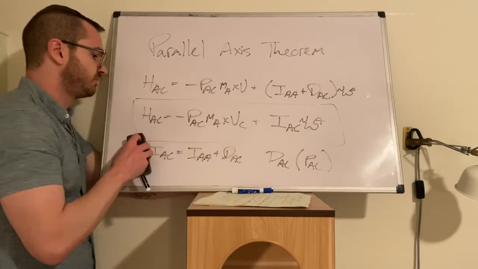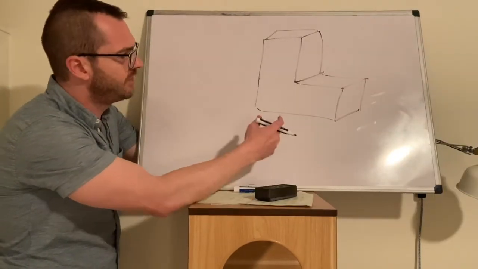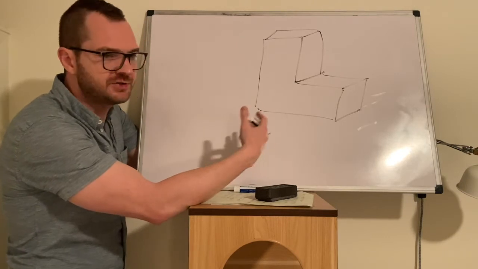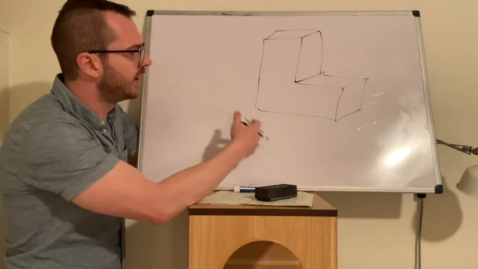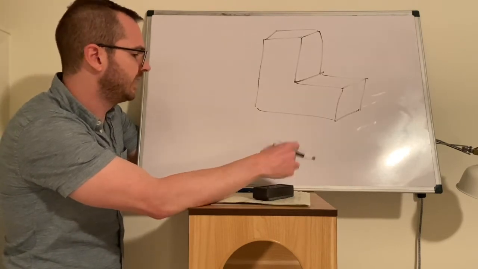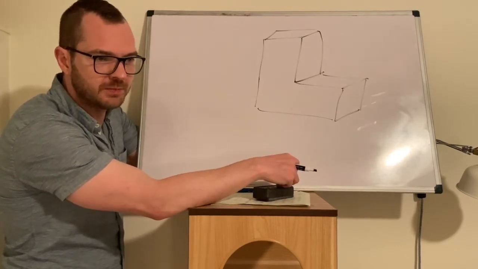In this example, we have this rigid body. This rigid body is shaped like a Tetris L, right? You're not going to find this shape in the inside cover of your textbooks or on Wikipedia.